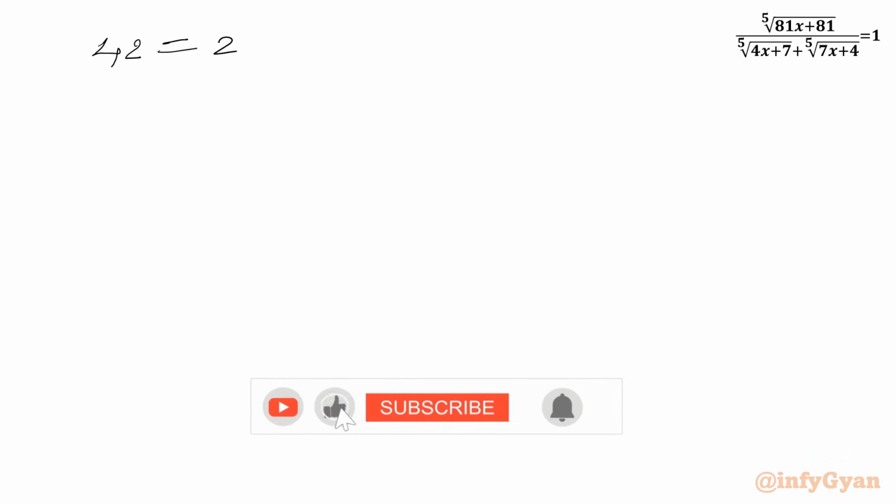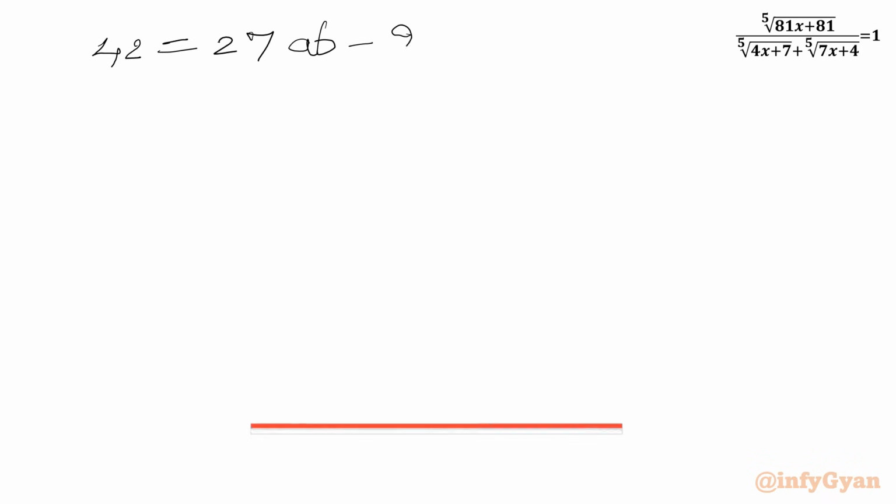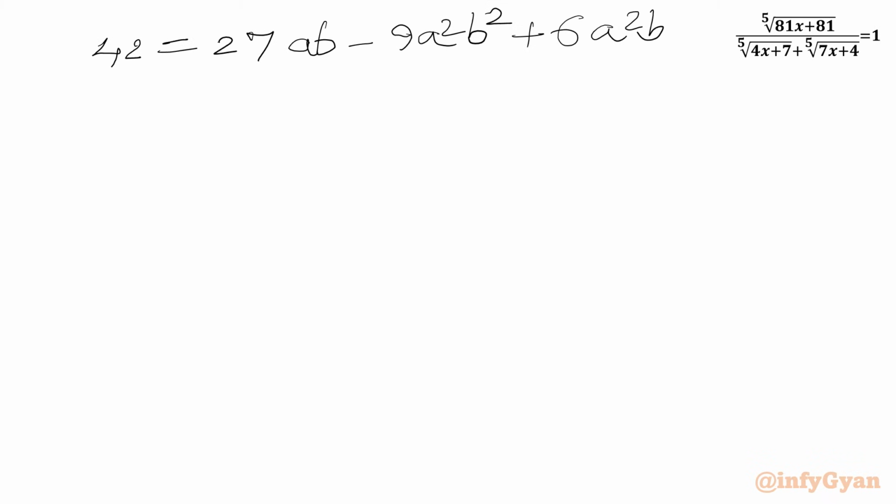So we will get 42 equal to 27ab minus 9a^2b^2 plus 6a^2b^2. Or we'll be writing 42 equal to 27ab minus 3a^2b^2.